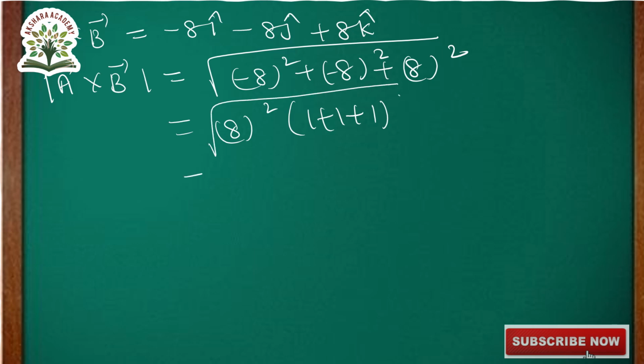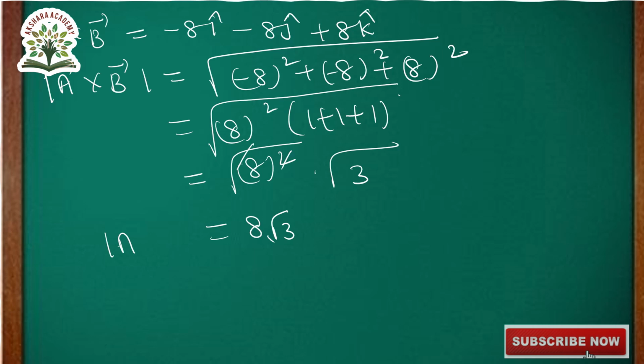So that is equal to 8 square into 3. Now the square root cancels with the square of 8, and root of 1 plus 1 plus 1 is root 3, so 8 root 3. So the area of the parallelogram, modulus of a bar cross b bar, is equal to 8 root 3 meter square.